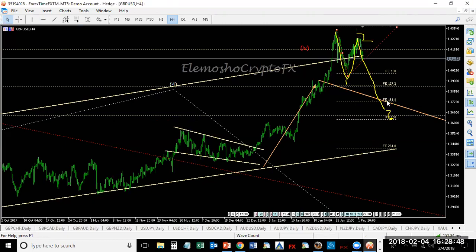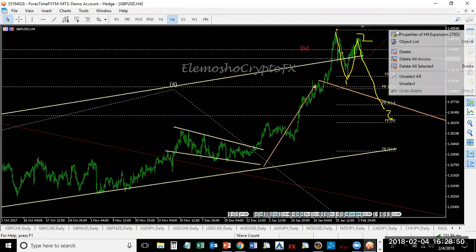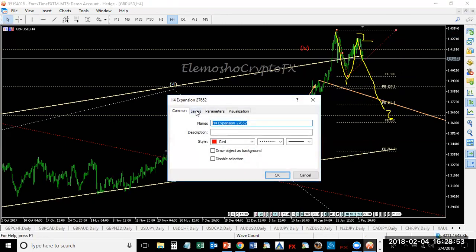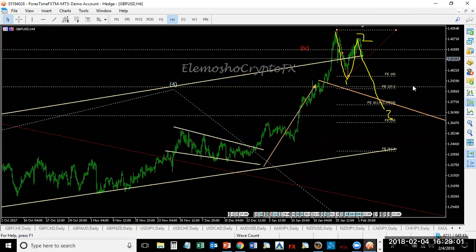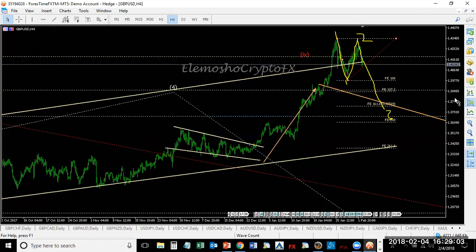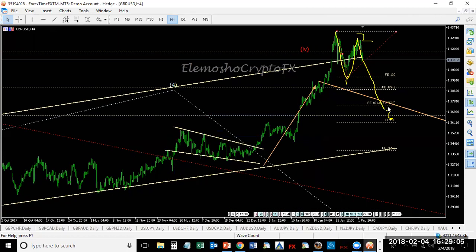So right here at this level, let me have the price level 1.618, and this is going to give you the price. So the price right there is 1.37509. That's the minimum price you get to before it goes to the upside.